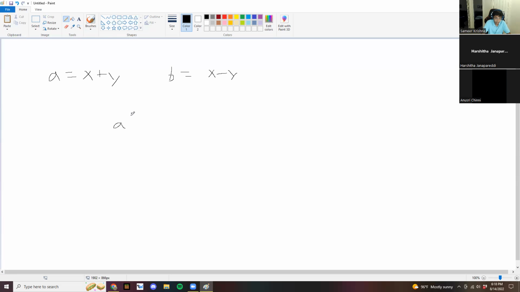So A cubed is equivalent to X plus Y cubed, and B cubed is equivalent to X minus Y cubed. So it's cubed, so how many terms do we have in the expansion?